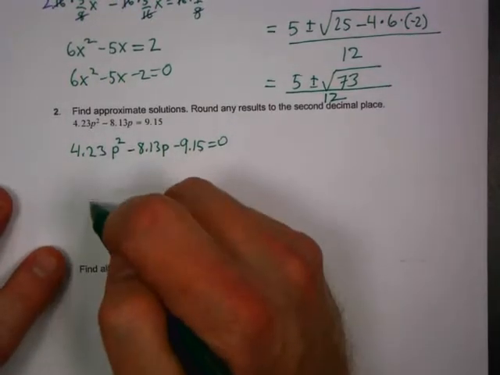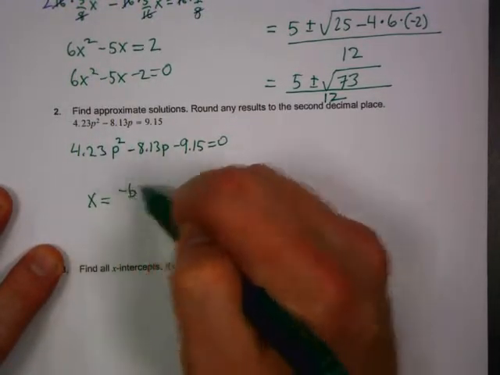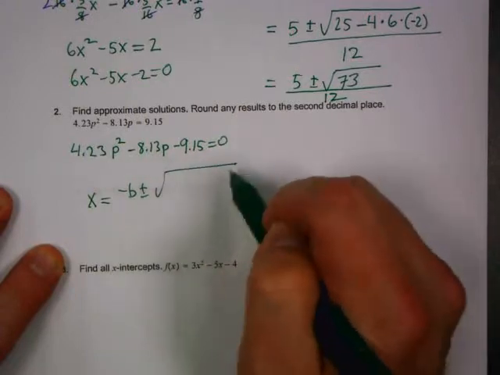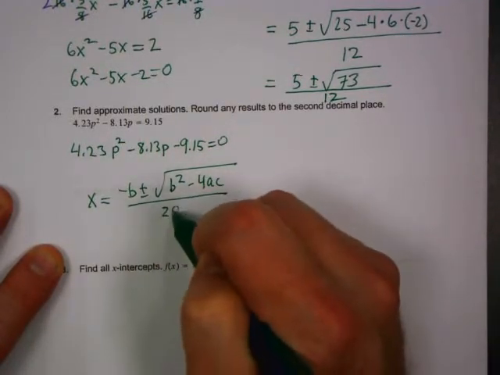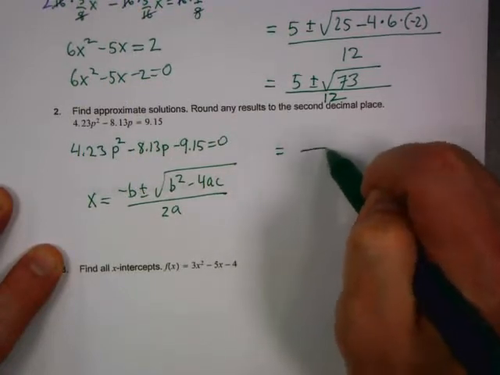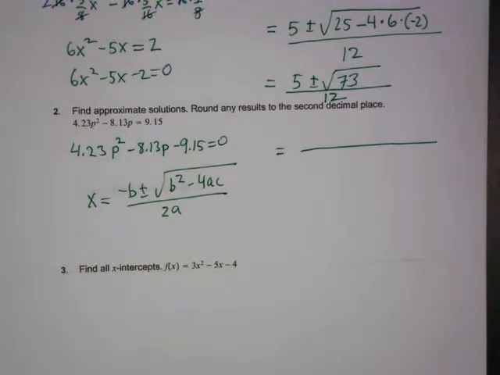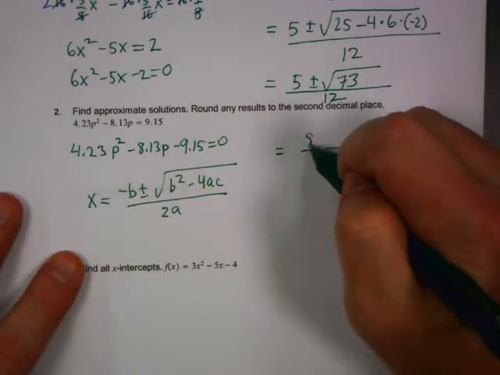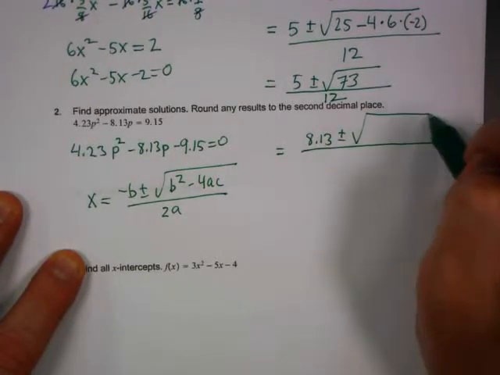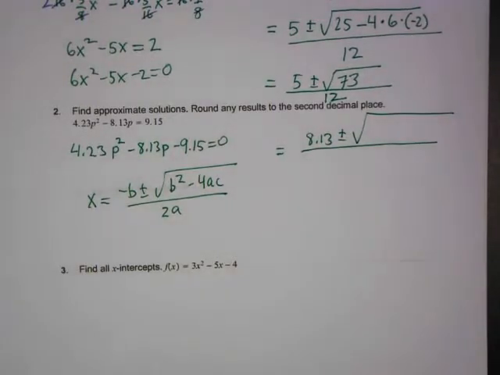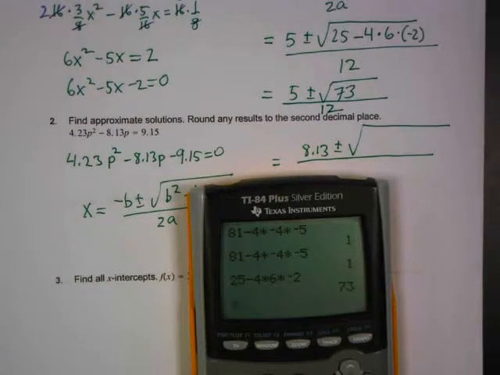Then we would have x equals negative b plus or minus square root b squared minus 4ac all over 2a. What's negative b? 8.13. 8.13 plus or minus square root b squared, 66.0969.